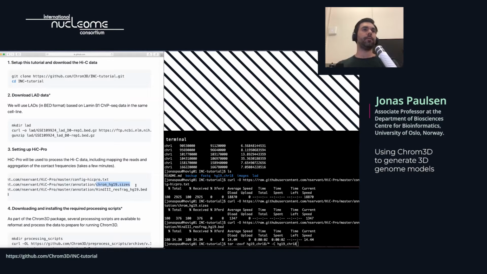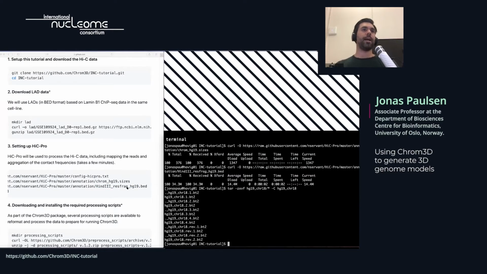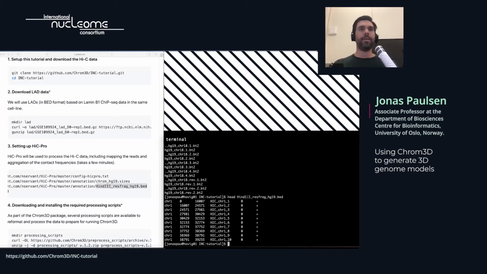Then there is a file containing the size of each of the chromosomes on human genome version 19. And then there is a file called HindIII_resfrag_hg19.bed, which is a BED file consisting of the restriction fragments using the HindIII restriction enzyme, basically.